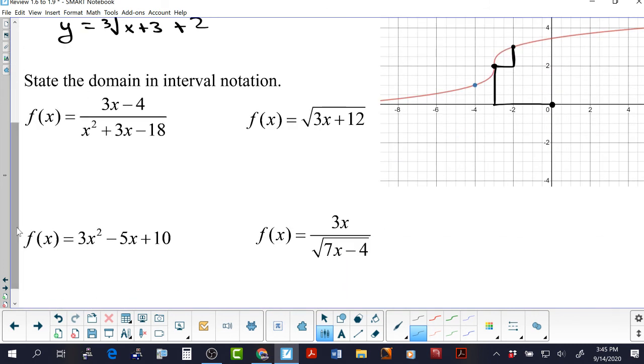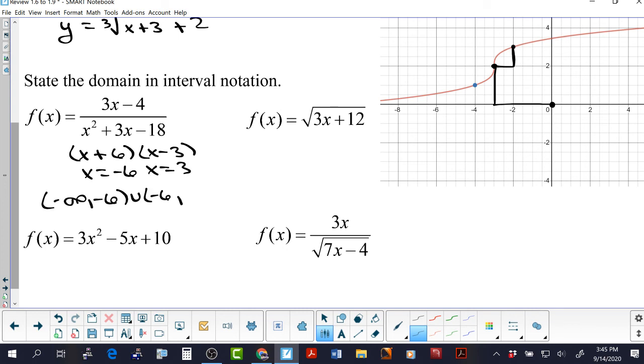State the domain in interval notation. Denominators cannot be 0. So x cannot be -6 and x cannot be 3. So negative infinity to -6, -6 to 3, union with 3 to infinity. Over here, 3x plus 12 has to be greater than or equal to 0.